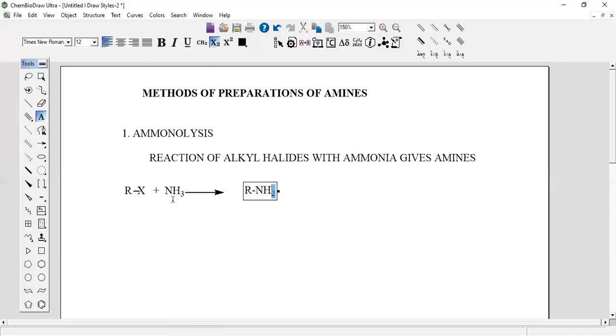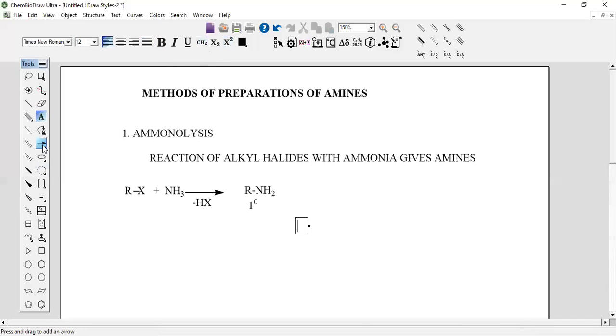H of ammonia and X of the alkyl halide are removed. Therefore, what is the nature of this amine? It is going to be a primary amine, a 1-degree amine. In this way, the primary amine is prepared.